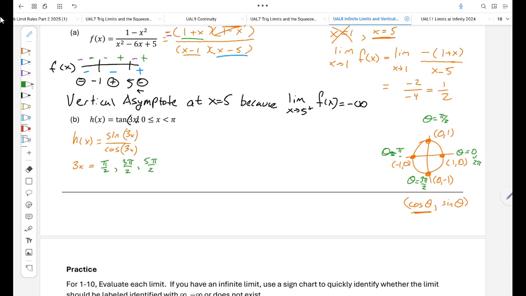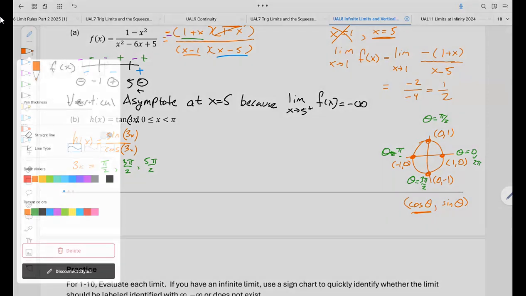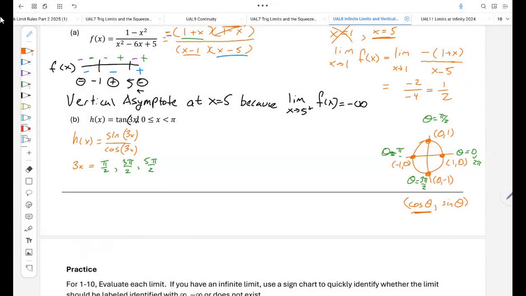If I had gone with one more value, a full revolution and then a little bit more, that would be 5 pi over 2. This list can keep going, and sometimes you do need to make it a little bit longer. But think about what I'm saying here. If I replace 3x with pi over 2, I have cosine of pi over 2, which is 0.